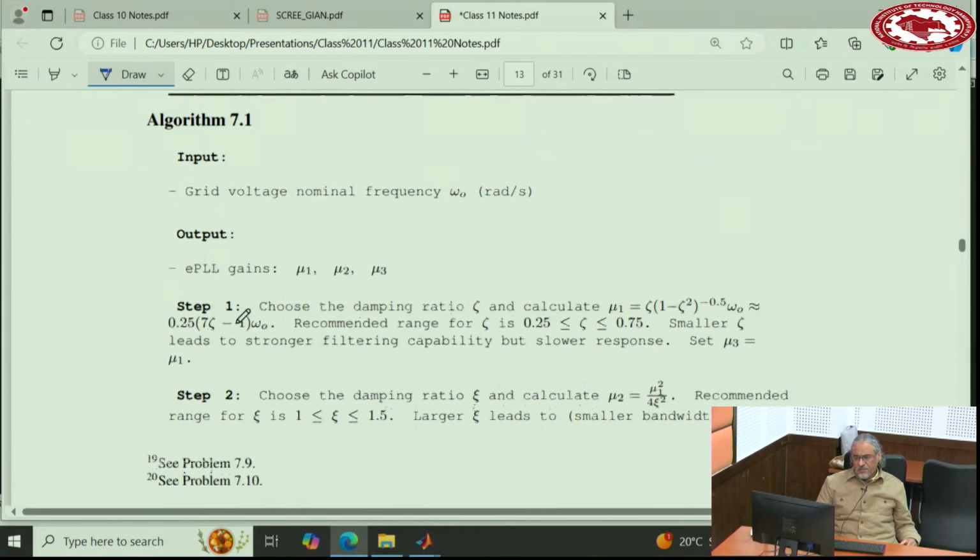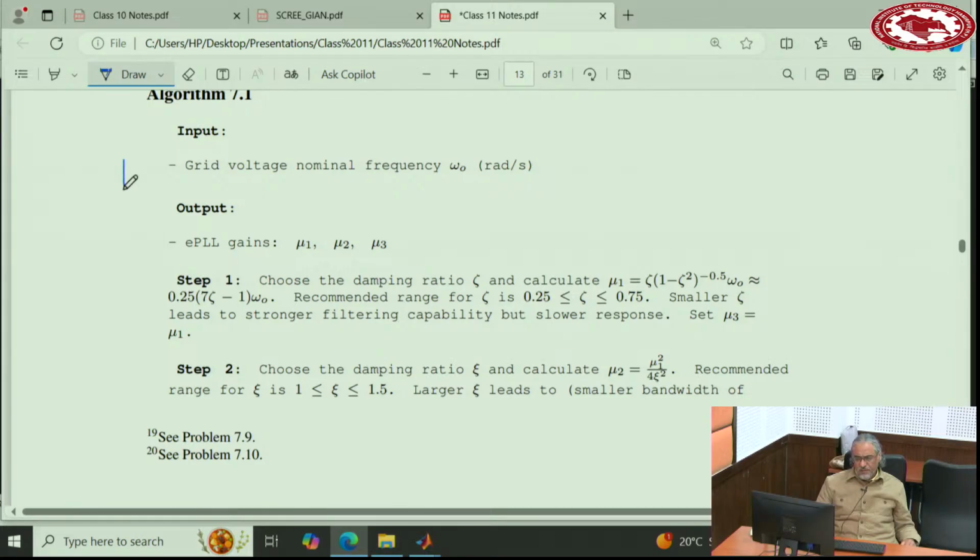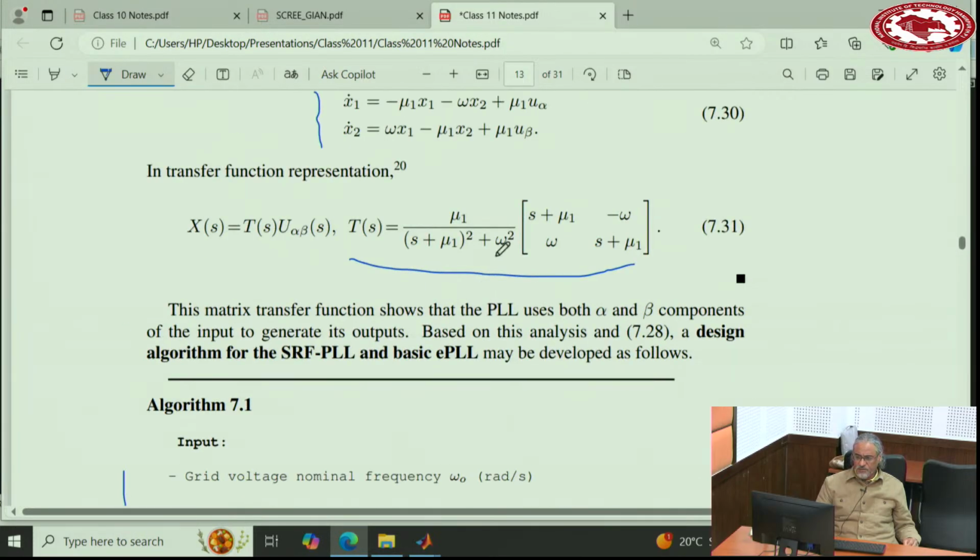So based on these discussions that we had, you can design mu1, mu2, mu3. Because now that you have this transfer function, this gives you the poles of this system. So again, correspond that equation to a standard second order system which has a zeta and omega n, damping ratio and natural frequency.